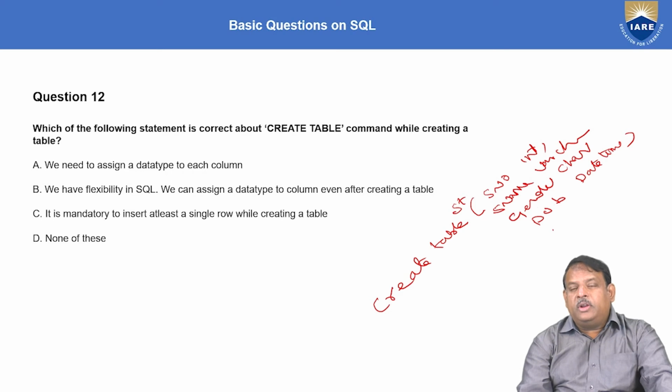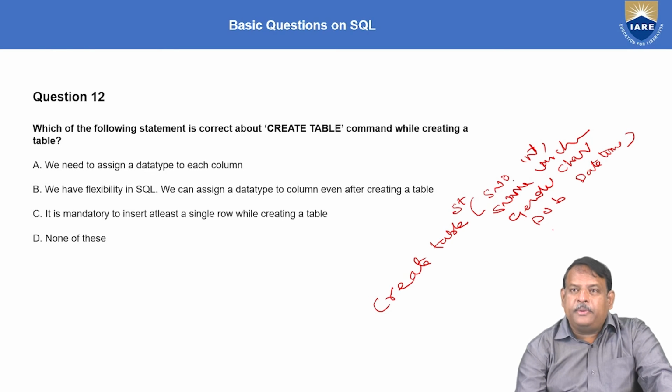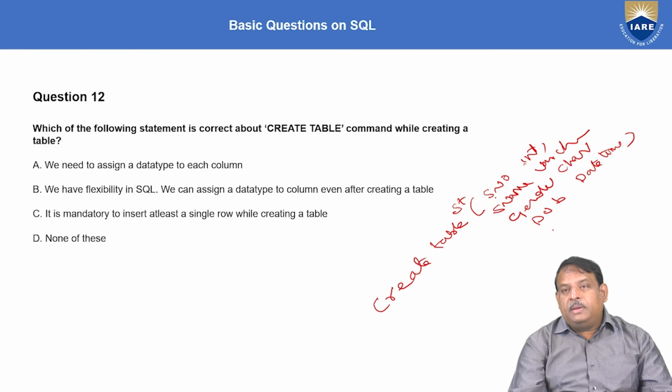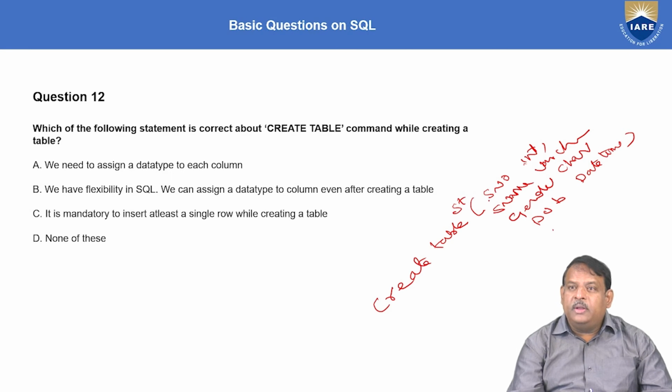Every column should have a data type, because you should know what type of data the column is going to expect. If we don't give anything here, we don't know whether serial number or student number is taking a date or a varchar or a numeric.